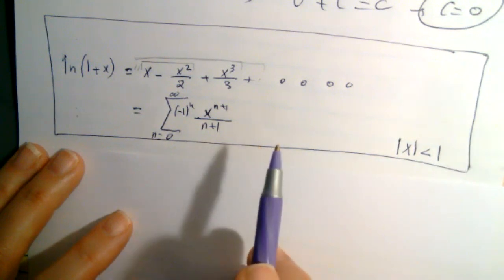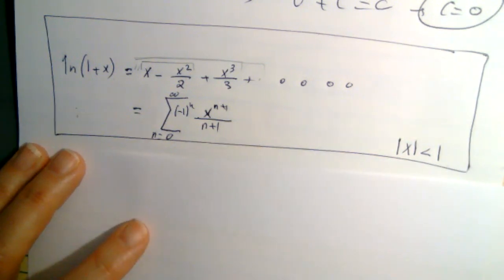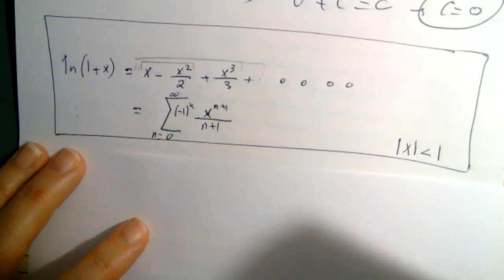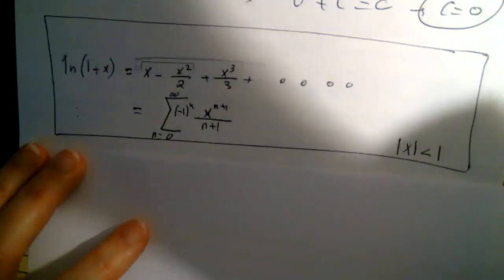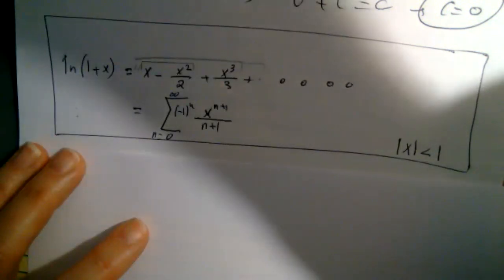How did you find the range of x? The theorem tells you that when you take the antiderivative of the function, the power series of the antiderivative holds for the same values of x that the original one holds for. It does not change.